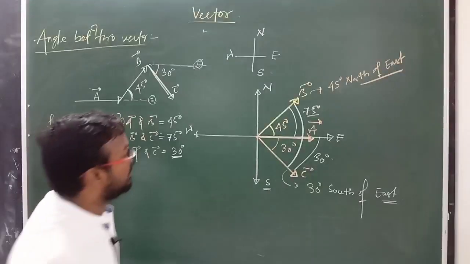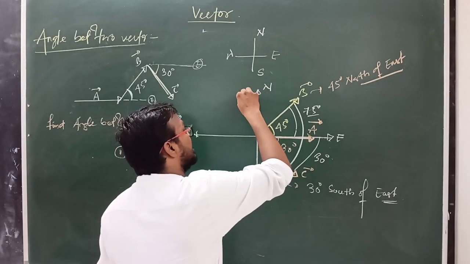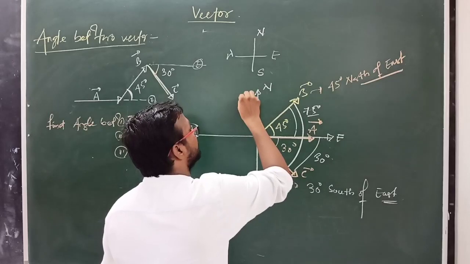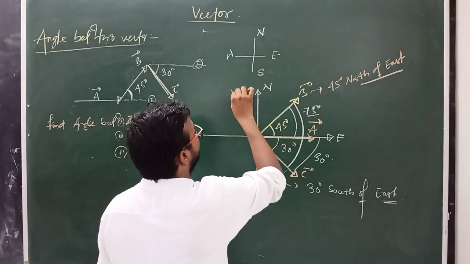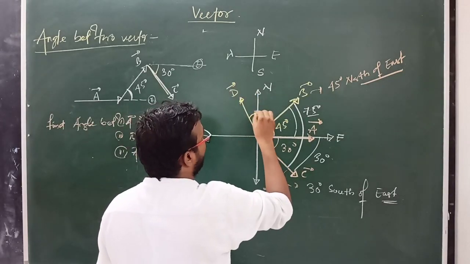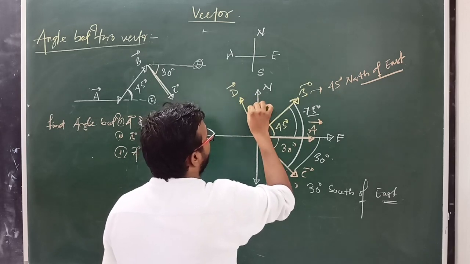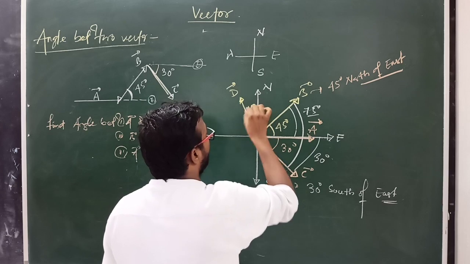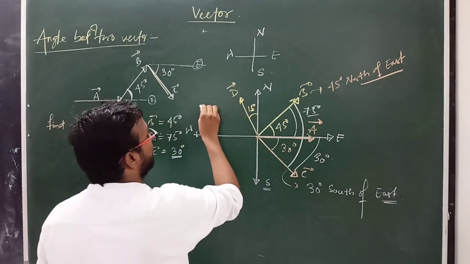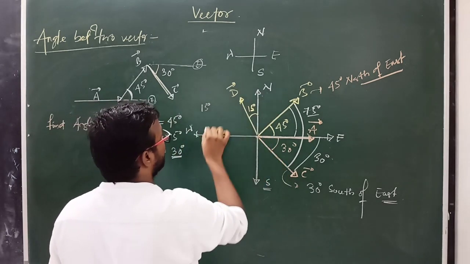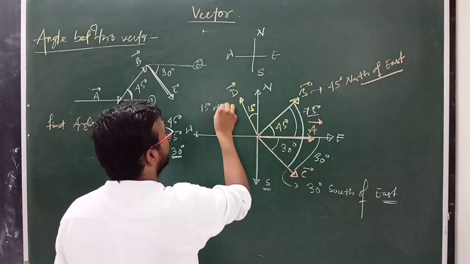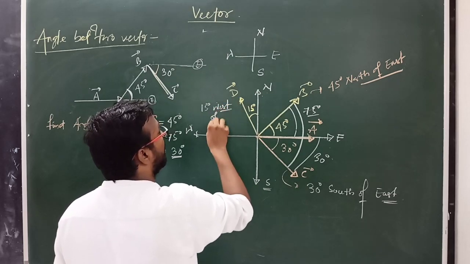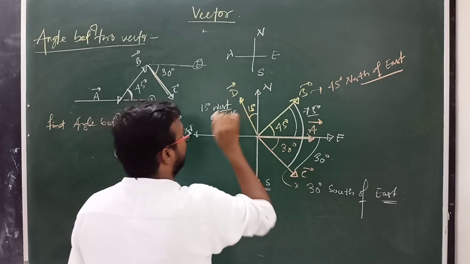Suppose we take another vector here, suppose there is a vector like this, and this is D vector which makes an angle suppose 15 degree with north, or you can write here D vector 15 degree west of north. Clear?